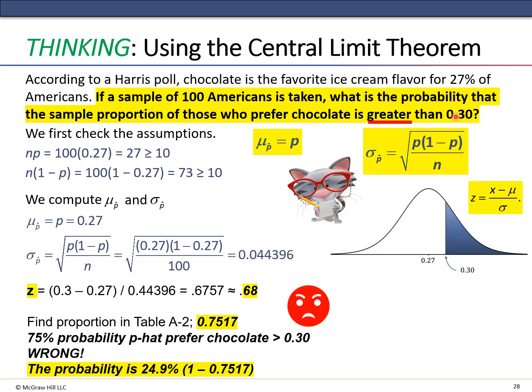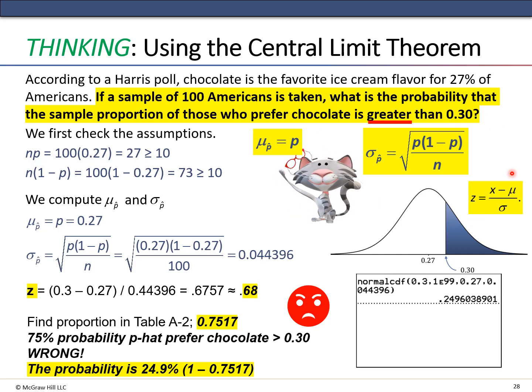It gets a little confusing because we're doing proportions. A probability is sort of like a proportion again, right? The proportion out of 1, or a percentage. So these can get a little bit confusing when we're using percentages or proportions as our x values instead of actual numbers.